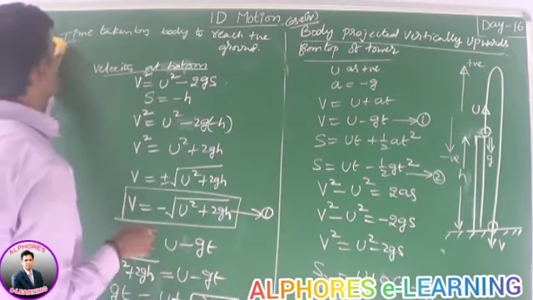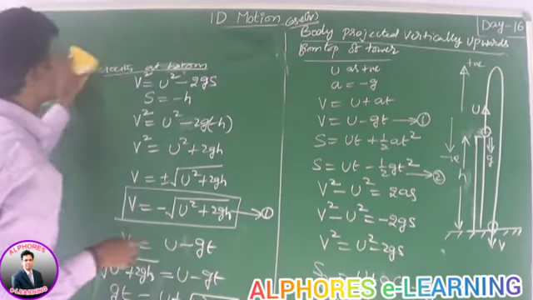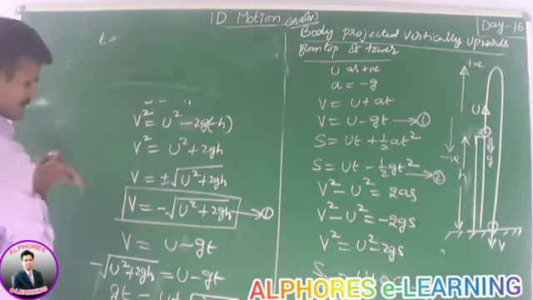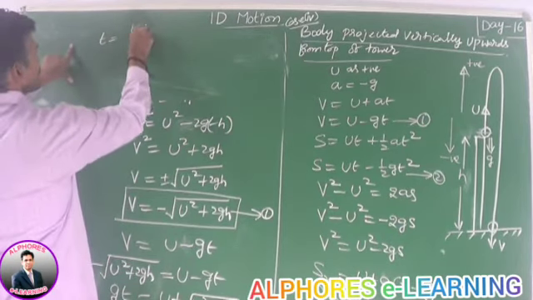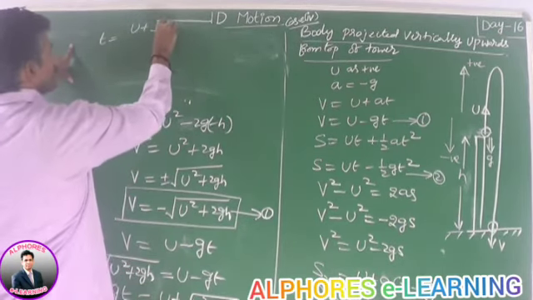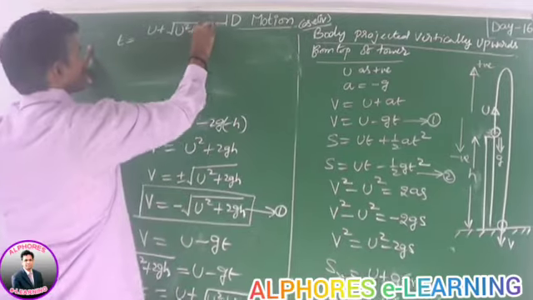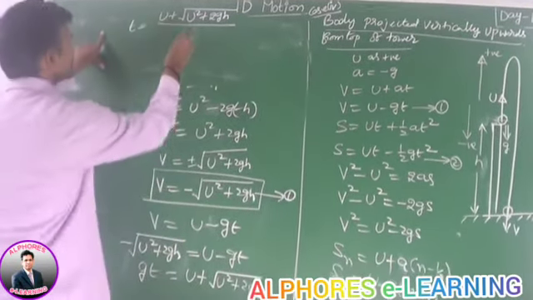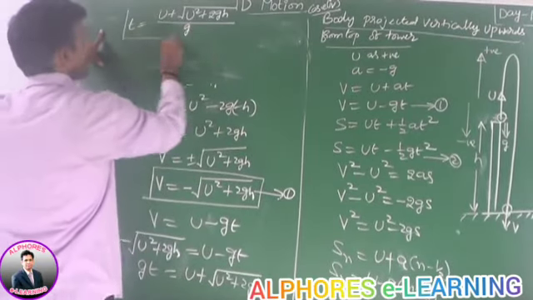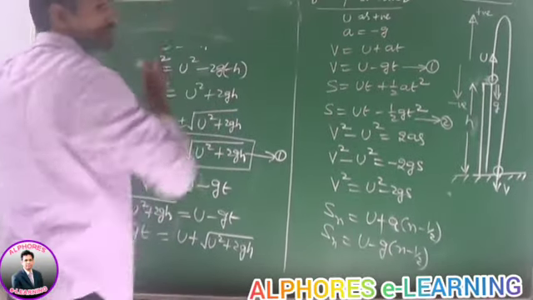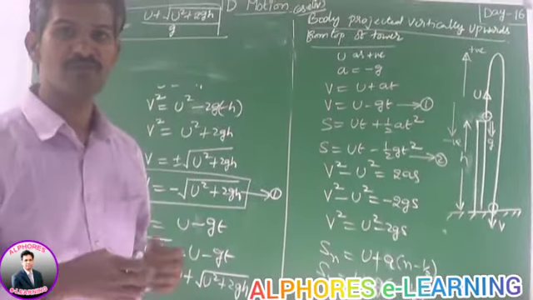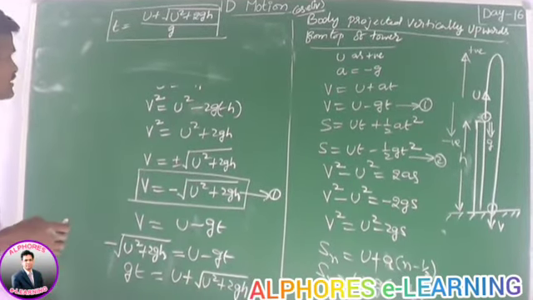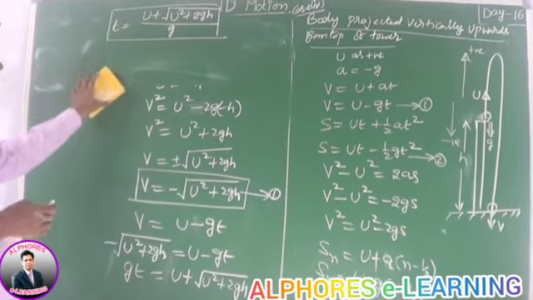From that, we can calculate the time: t is equal to u plus under root u square plus 2gh, all by g. This is the time of flight for a body projected vertically upwards from the top of the tower.